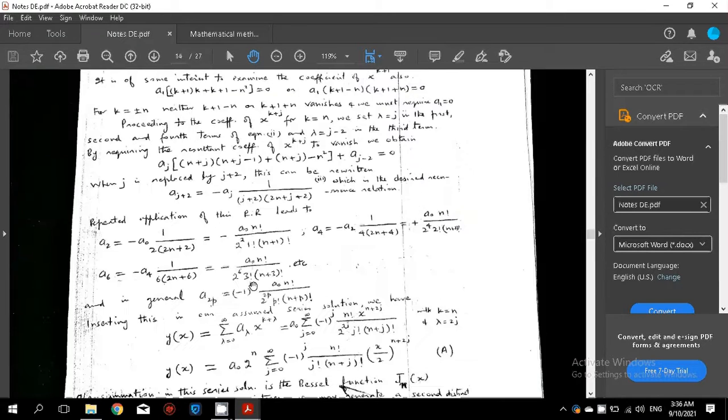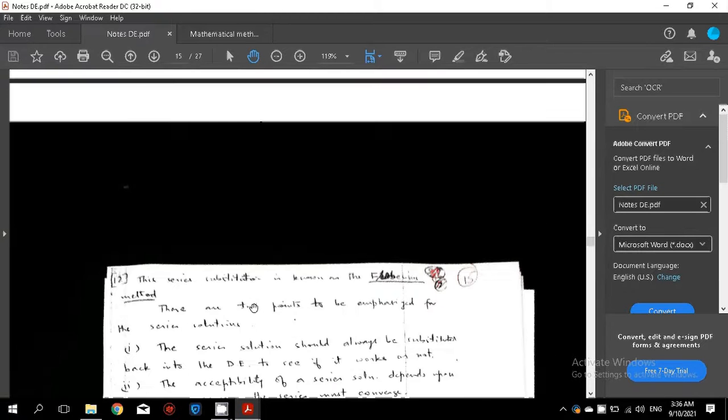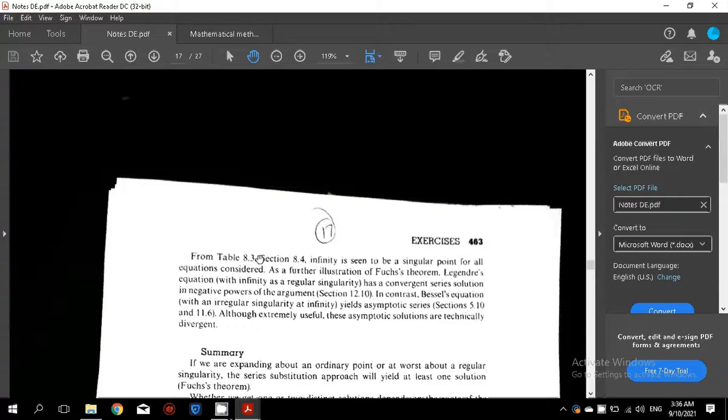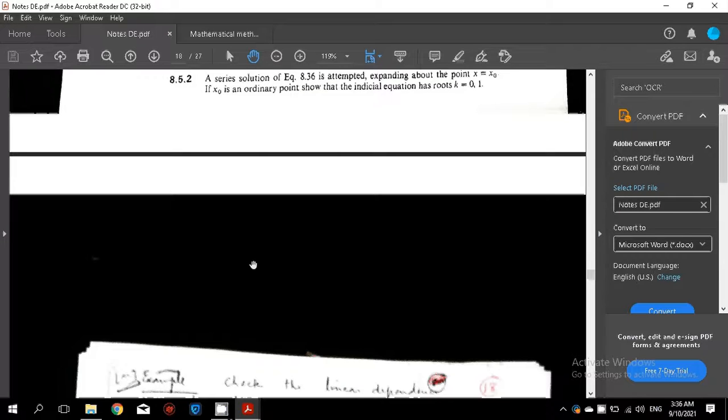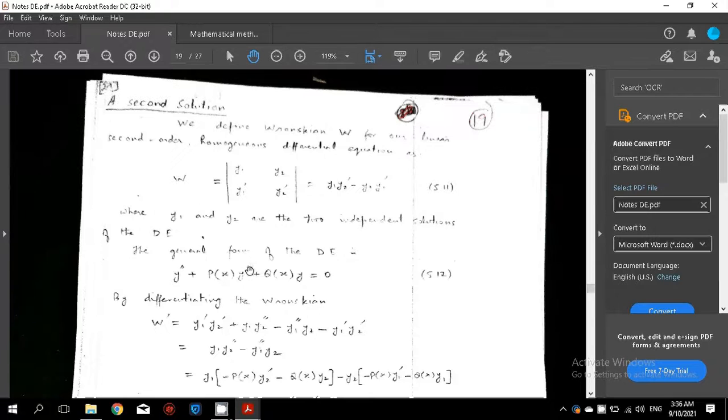Okay, now let's go to how we can get the second solution if it is not available from the series method. So this is the technique by which we can get the second linearly independent solution.